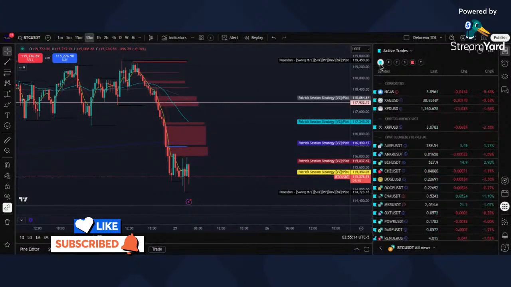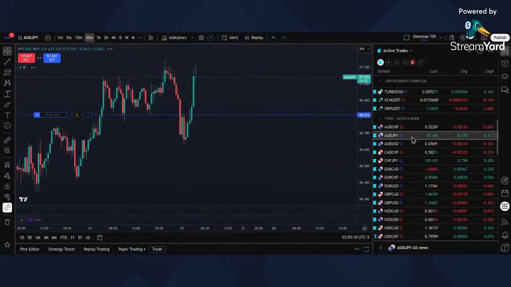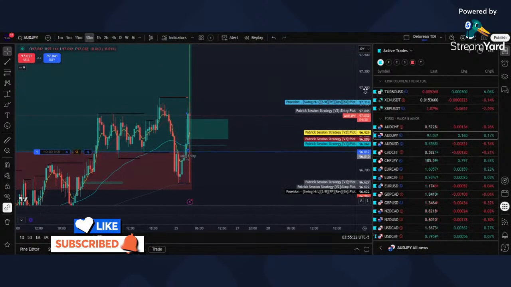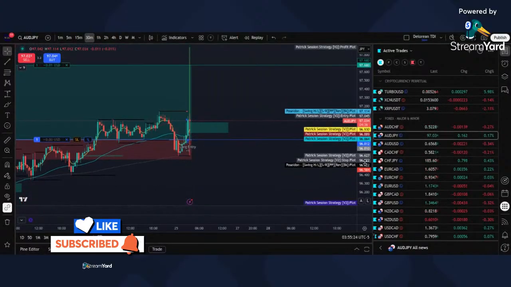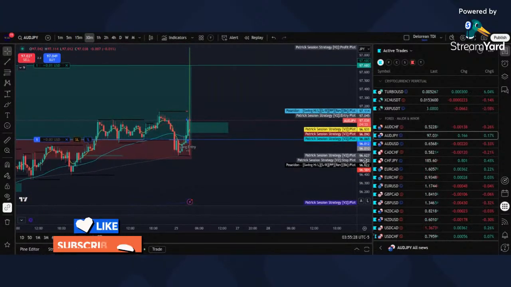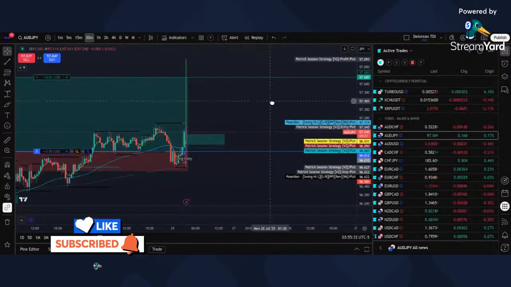Checking Australian dollar, Japanese yen. And you are up if you took either one of those trades on the 15-minute or the 30-minute. Congratulations to those of you that grabbed that particular trade.